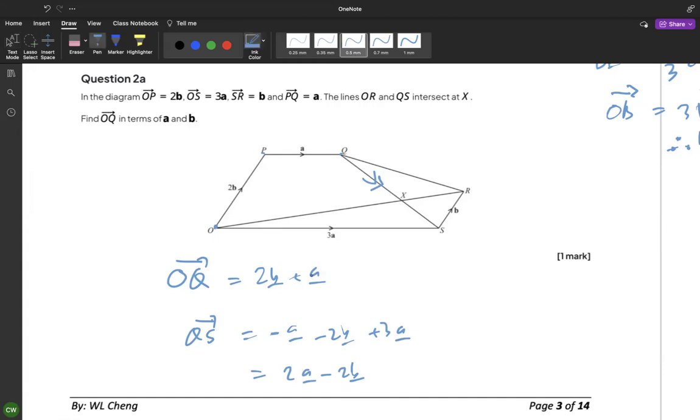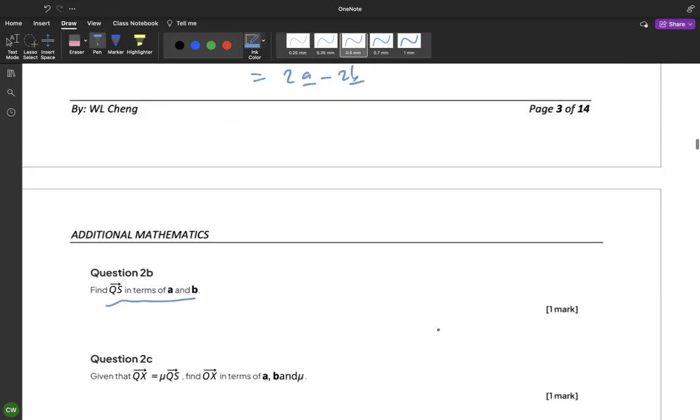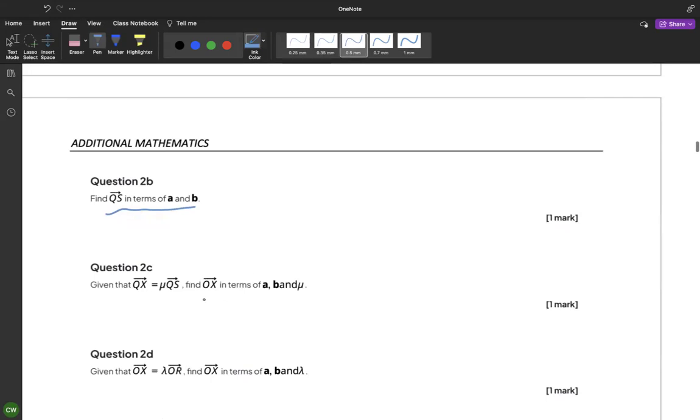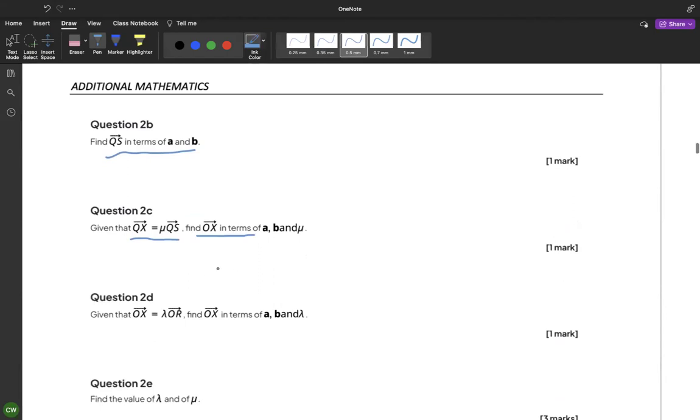Okay, now we're given this, find OS in terms of this and this. What is OS?